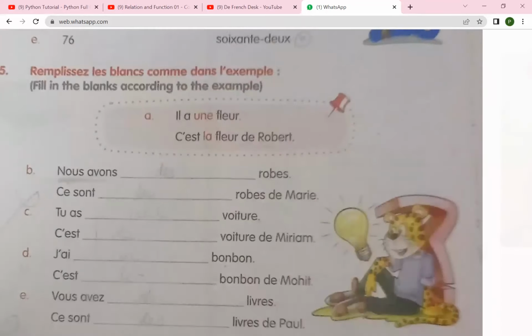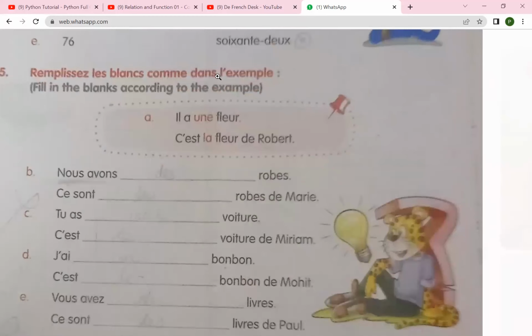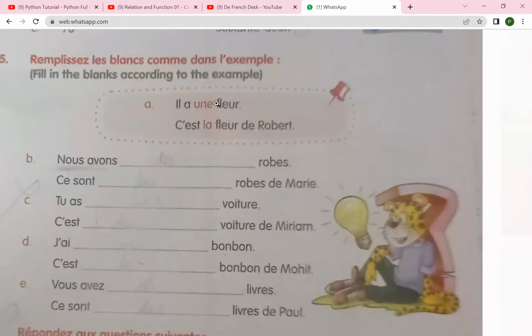The next question. Remplissez les blancs comme dans l'exemple. Fill in the blanks according to the example. So, il a une fleur. C'est la fleur de Robert. So now you have to write these sentences in two ways. Il a une fleur means he has a flower.